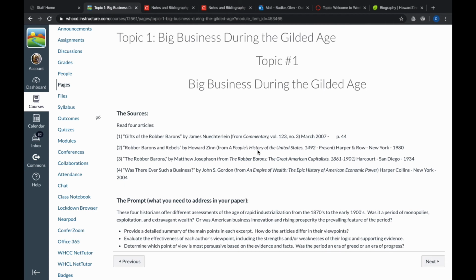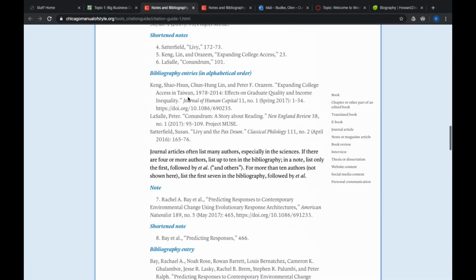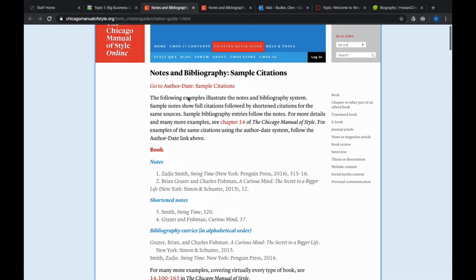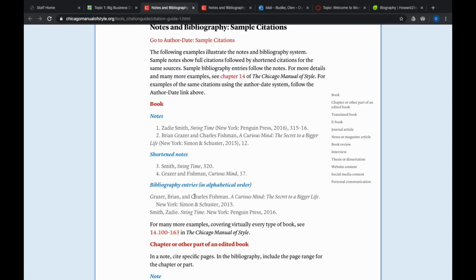So Google A People's History of the United States. If it comes back that it's written by Howard Zinn, who wrote this section here, then you know that all you're doing is using the book option because it's by that same author. So you're going here and you're going to use this as your example.